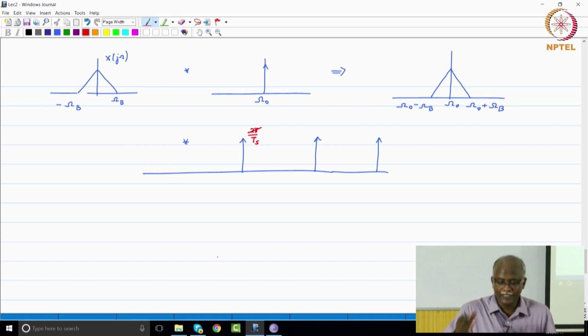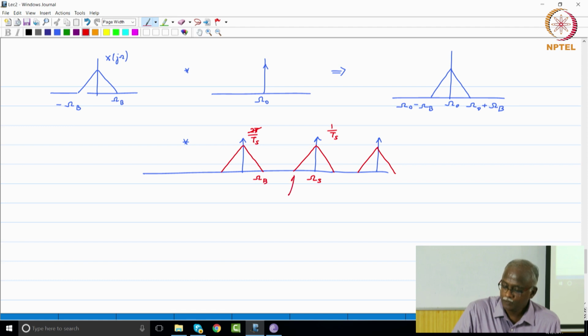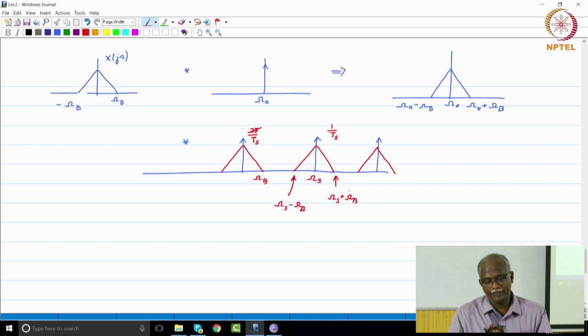What I am left with is a scale factor of 1 over Ts. So, 1 over Ts is what is present, and each of these impulses will get a copy of X of j omega. So, this is omega s, this is omega b, this point is omega s minus omega b, and this point is omega s plus omega b, exactly using the basic principles that we have talked about.